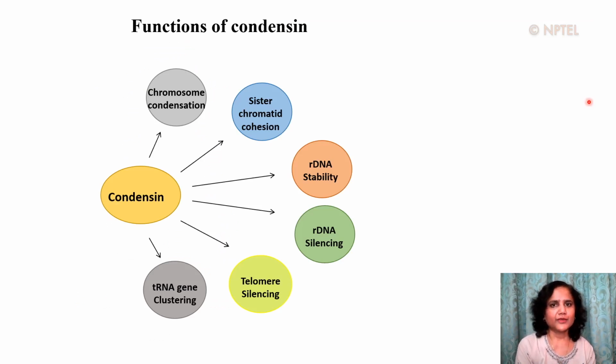So condensin has been shown to be required not only for condensation but also cohesion, rDNA stability, ribosomal DNA silencing, telomere silencing, tRNA gene clustering within the nucleus. I think we already mentioned this.